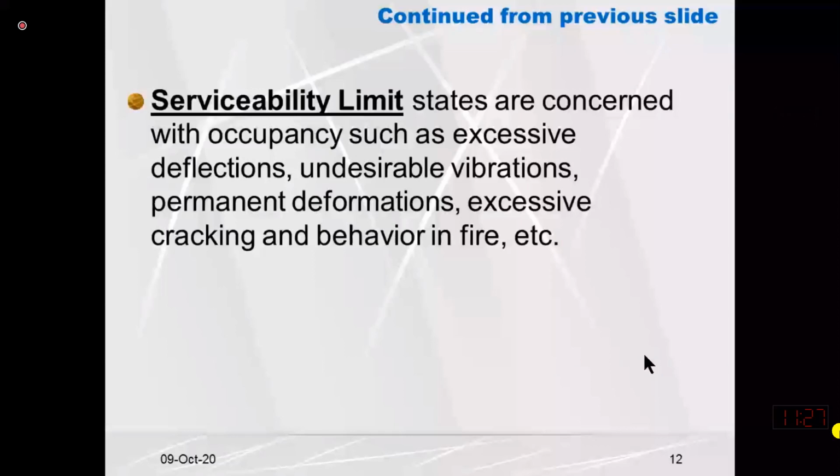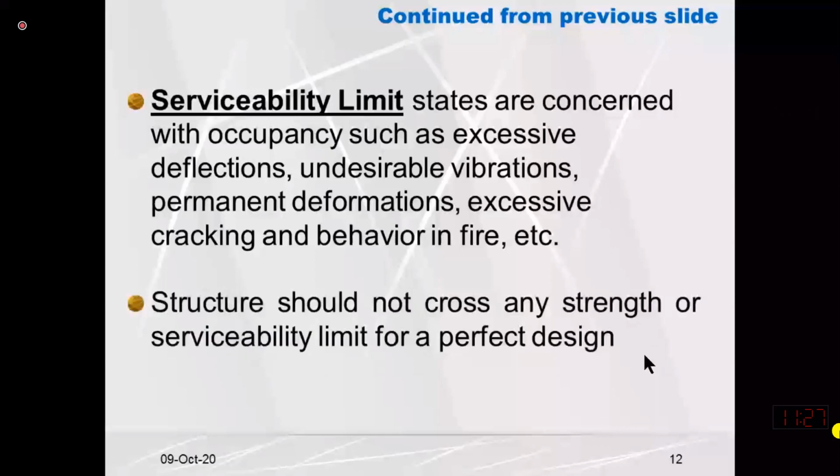A structure should not cross any strength or serviceability limit for a perfect design. So who defines this limit? It can be taken from the code or design specification, or if you are an experienced designer, you can put your own limit.